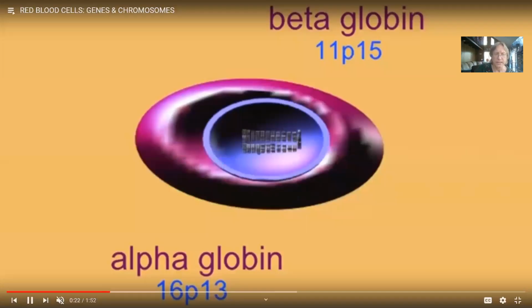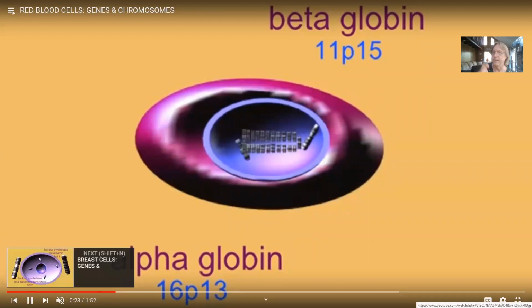And when we consider the genes needed to function, for example, hemoglobin is made of two alpha globin proteins and two beta globin proteins fused together. Well, the beta globin gene is on chromosome 11, the alpha on chromosome 16. As we'll see, the P and Q refer to the short arm, P, versus Q, the long arm. And then the 15 and 13 refer to the location on those arms.